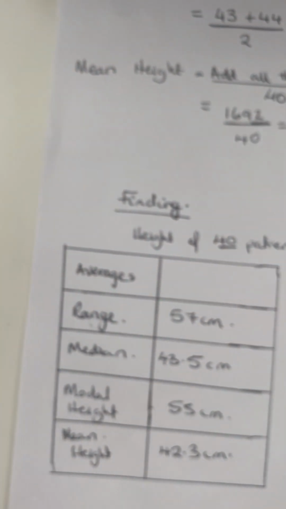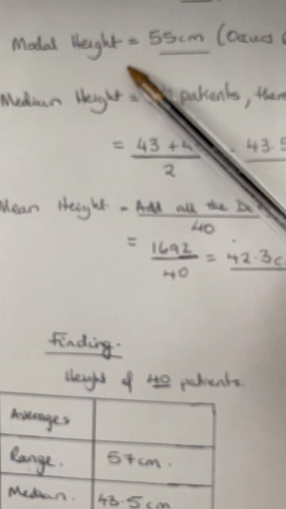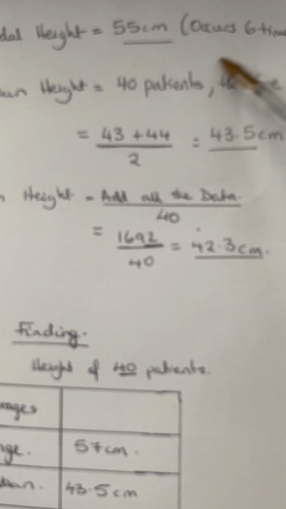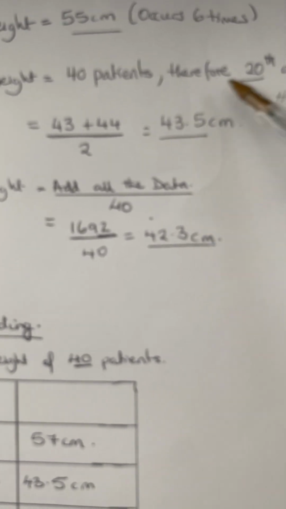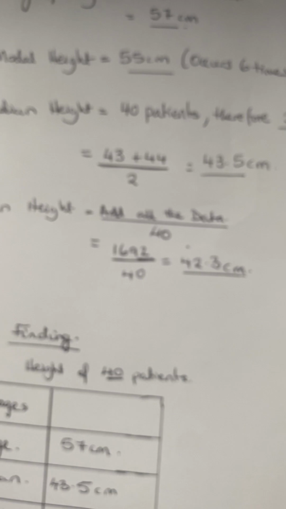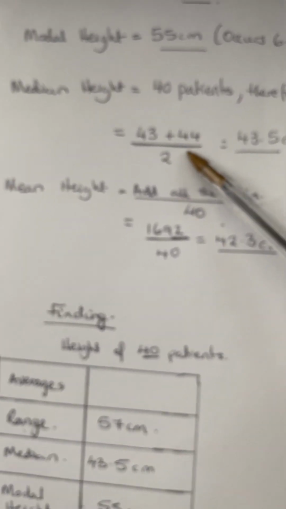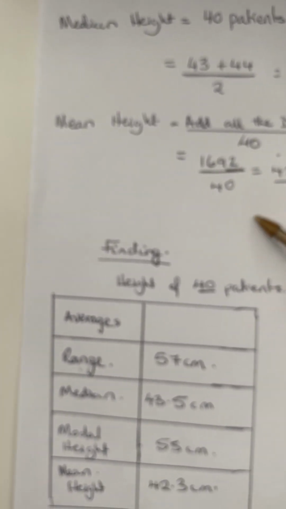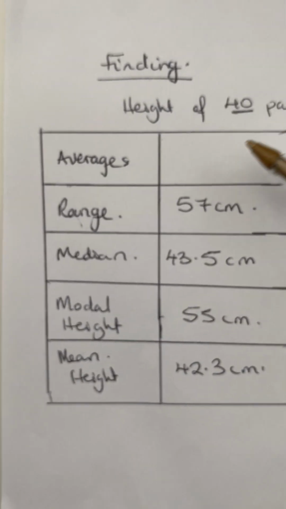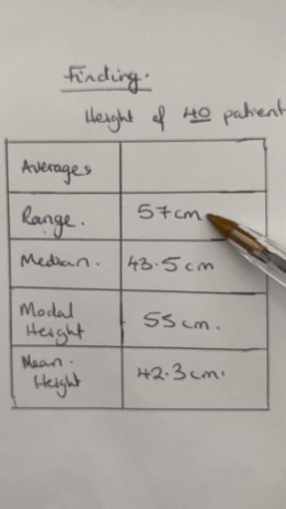So now we've seen how to find the range. We've done the modal height, which is the one that occurs the most. We found the median height, which is the 20th and the 21st value. Okay, we found that on the stem and leaf diagram. And then we found the mean height. Okay, so now what we have here is the range, 57 centimeters.